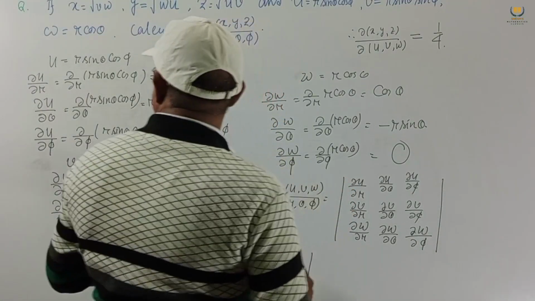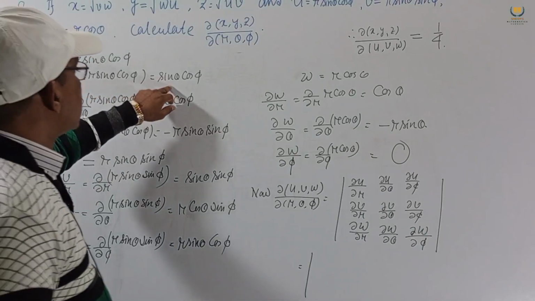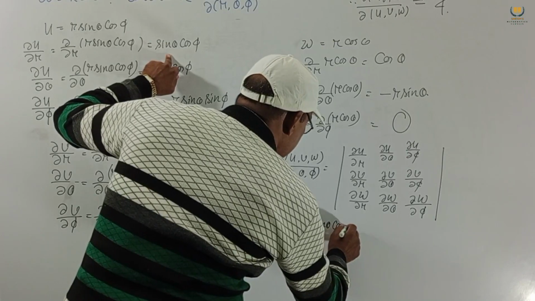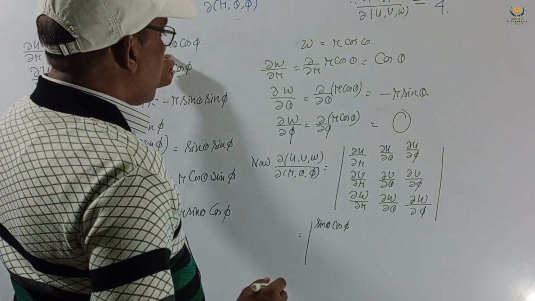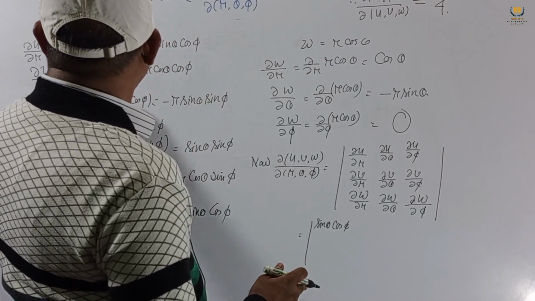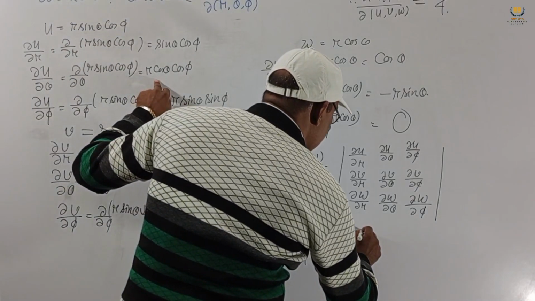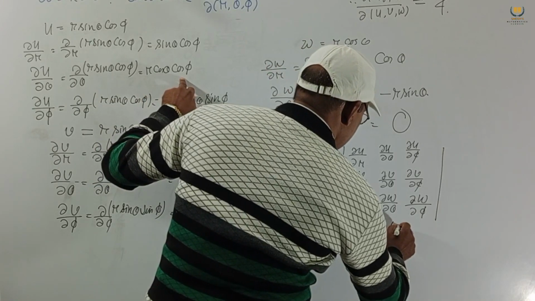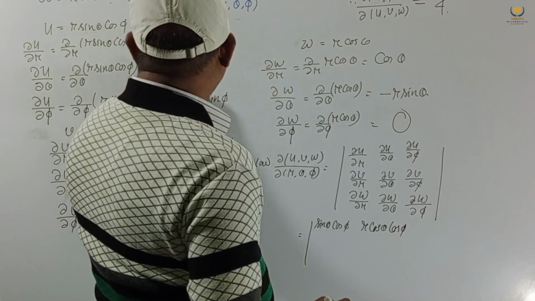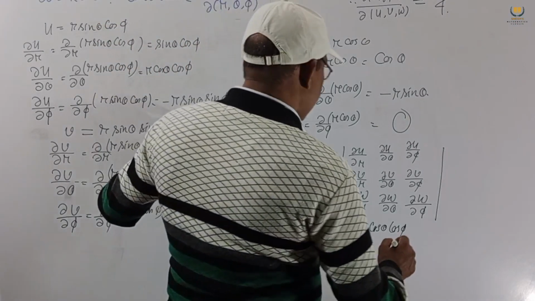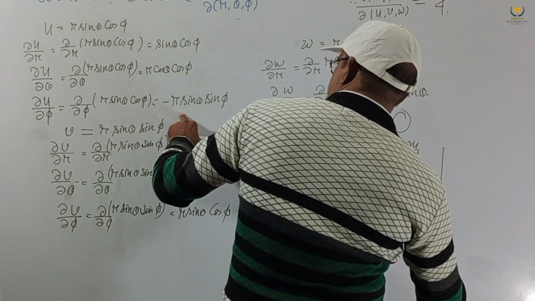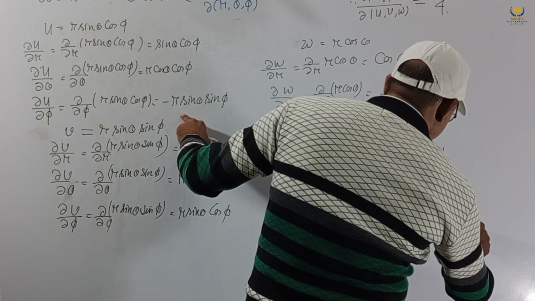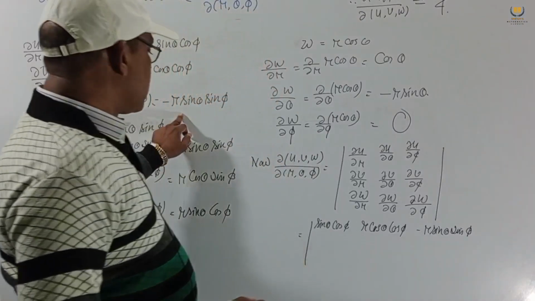Del u del r is sin theta cos phi, and del u del theta is r cos theta cos phi, del u del phi is minus r sin theta sin phi.